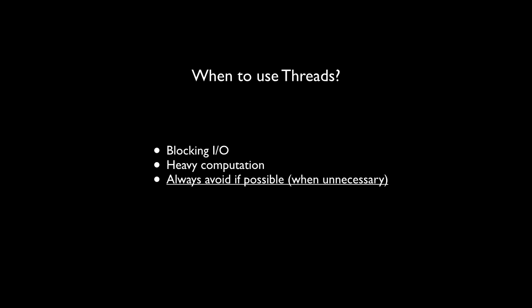So just tying this up, I always say that you should always avoid using threads if possible. If there is a way around them, and you've really thought hard about it and could find a way around them, you should avoid them, because once you introduce threads into your application, you are essentially inviting a whole treasure trove of problems that can crash your program.